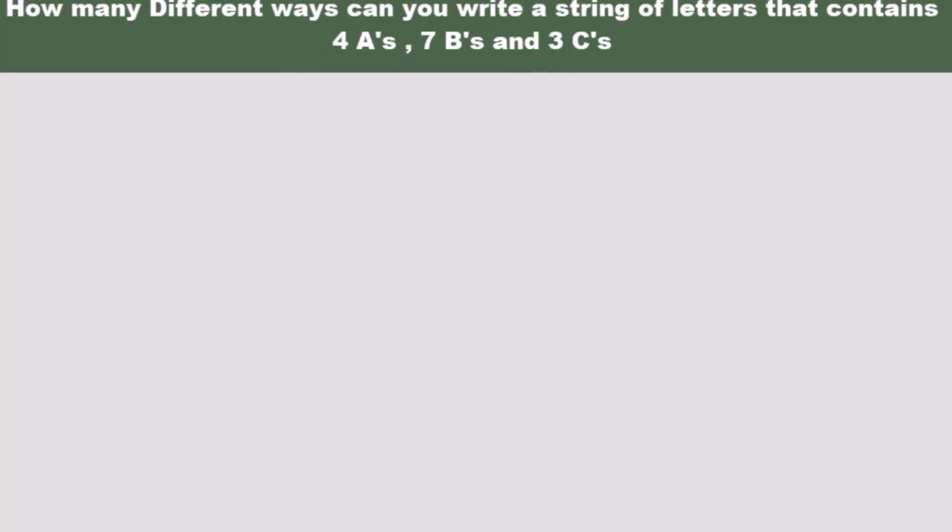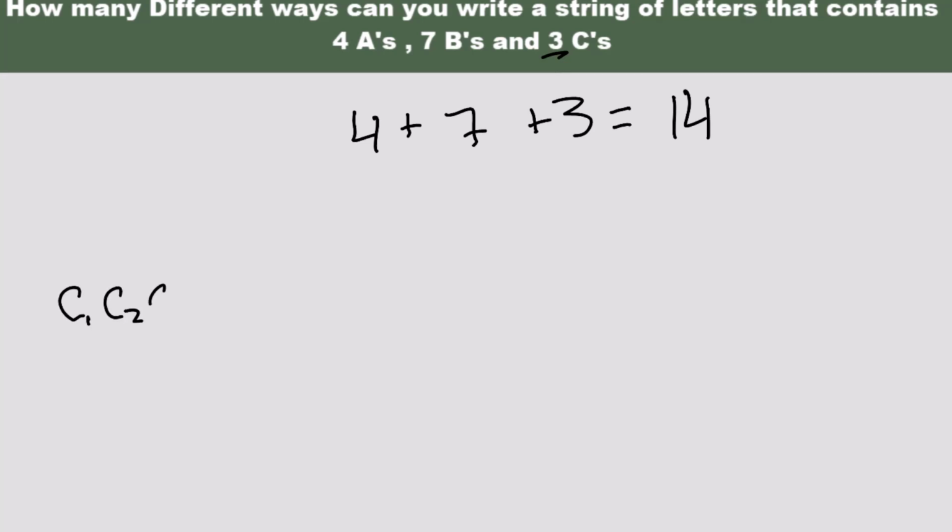And we can just go straight to the end here. 4 plus 7 plus 3. 14. How many ways can we arrange? Yeah, we'll say the 3 C's. Let's start there. So the rearrangement on our C's, C1, C2, C3.